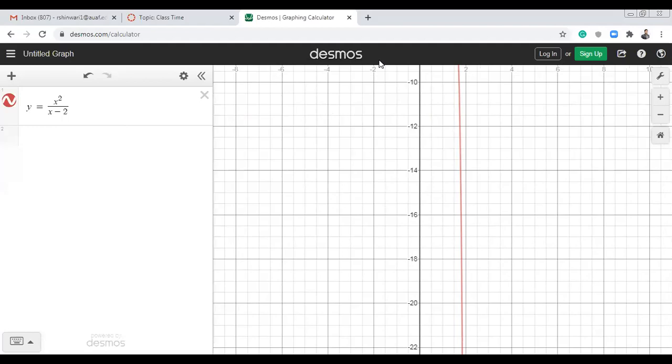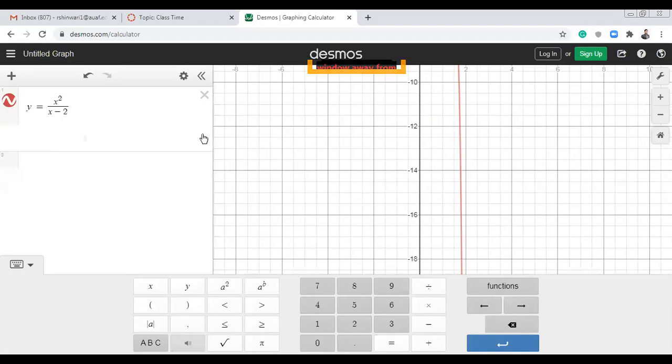Sir, I just wanted to ask, in shrinking and stretching, will the graph just go up and down? It won't go to left and right. No, miss. Shrinking and stretching is when the graph is expanding or contracting. When you multiply with a positive number, like 2, 4, 5, the graph will be contracting, shrinking.